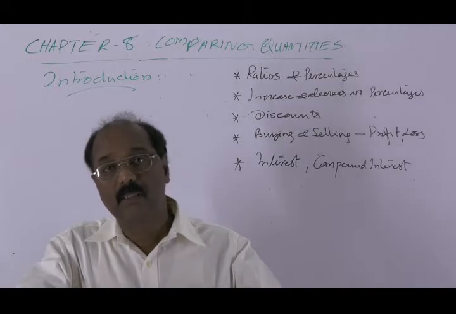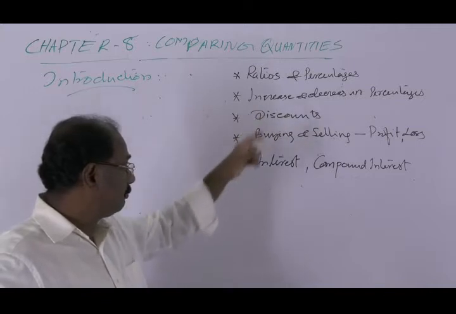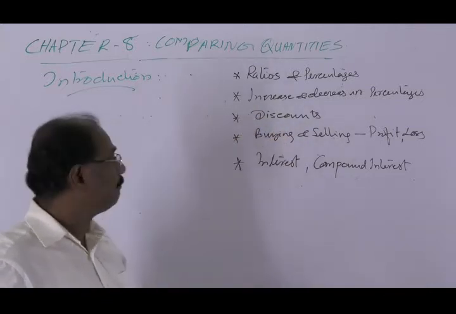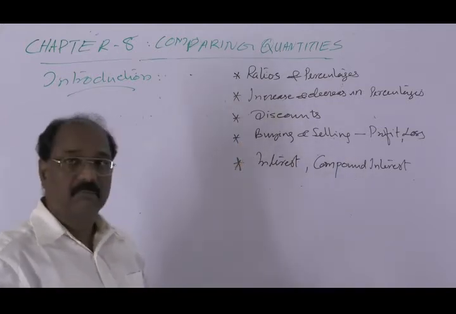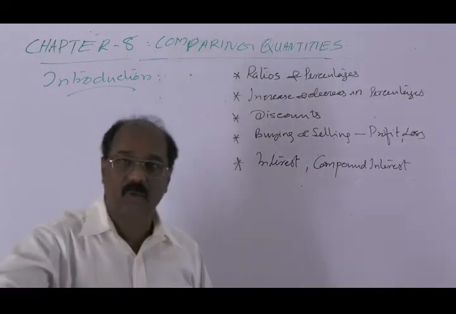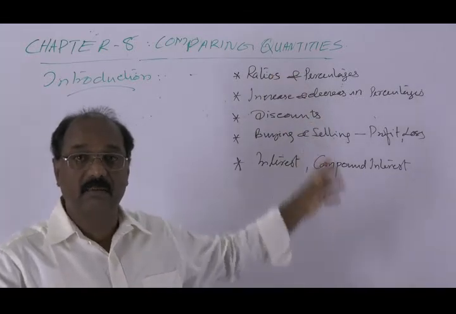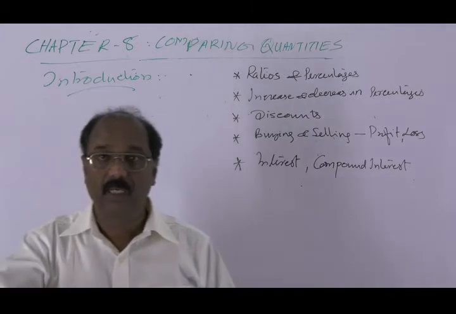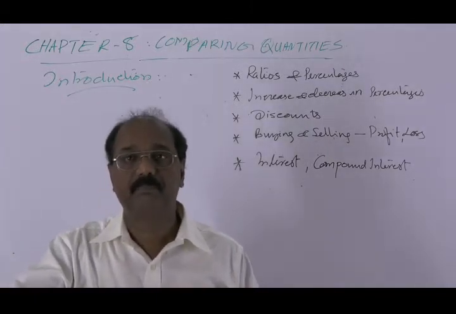And in this we actually include ratios and percentages, increase and decrease in percentages, discounts, buying and selling with profit and loss, interest, compound interest, and also certain related topics of this. Actually here we discuss some real life situations.